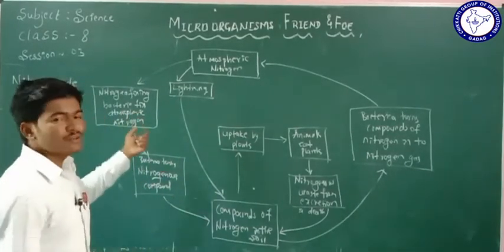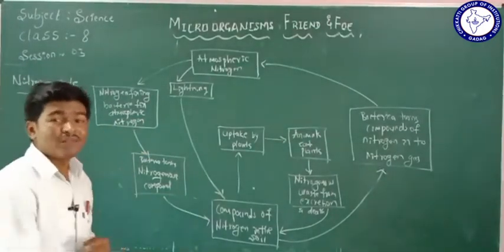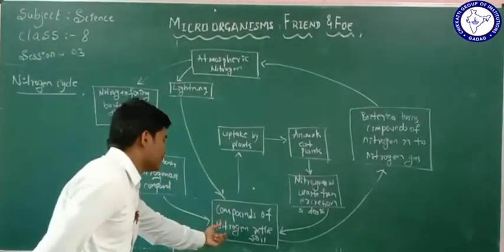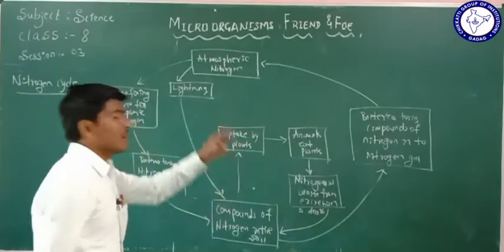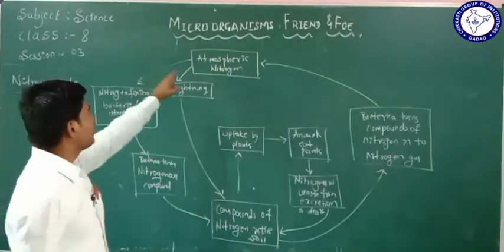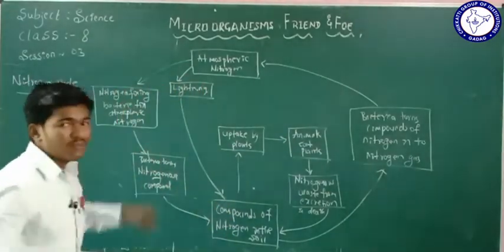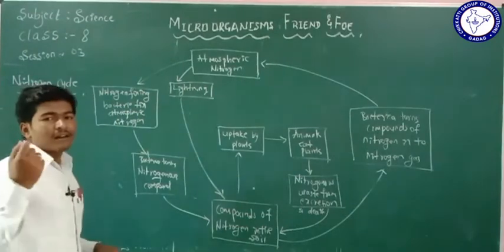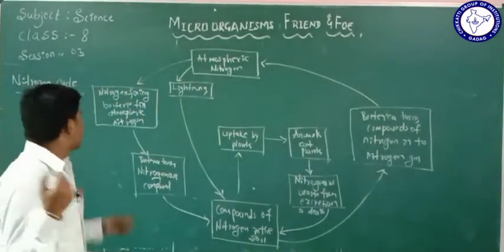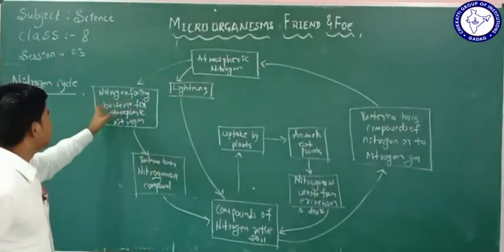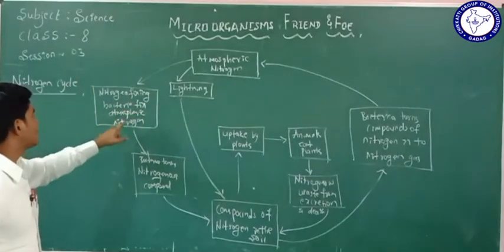So that nitrogen is converted into nitrogenous compounds in the soil. And another method: the atmospheric nitrogen is converted into a nitrogenous compound by nitrogen fixing, where bacteria fix atmospheric nitrogen.